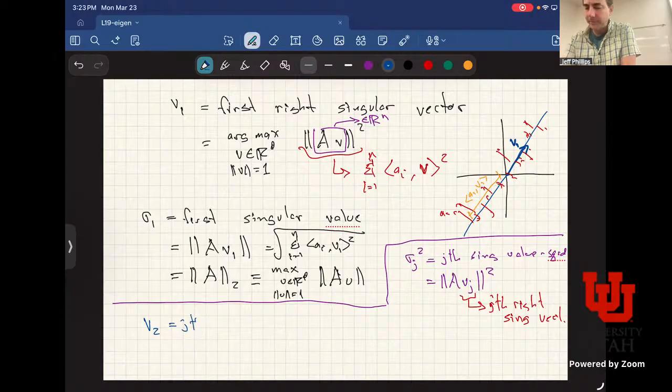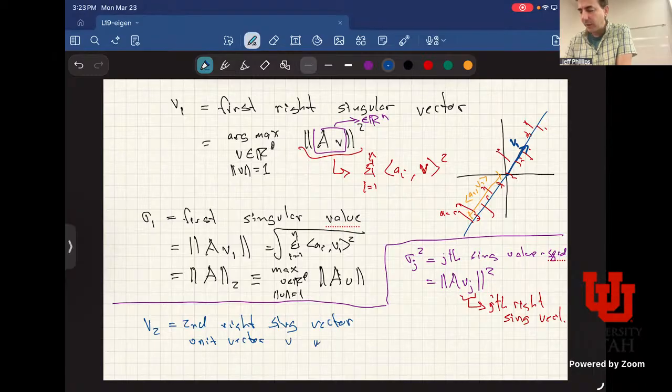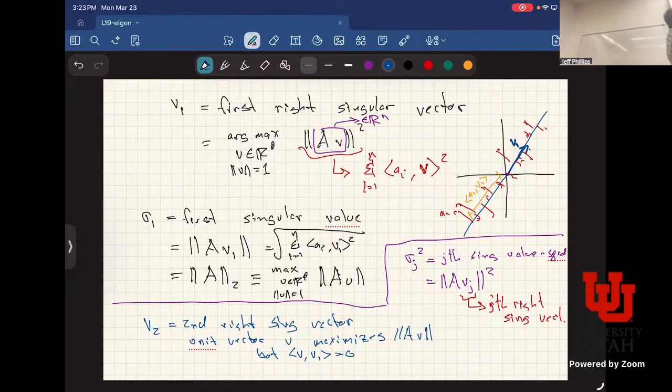V2 is the second right singular vector, and it's going to be the unit vector V that maximizes the norm of A V. So this part is the same, but V dot V1 needs to be equal to 0.